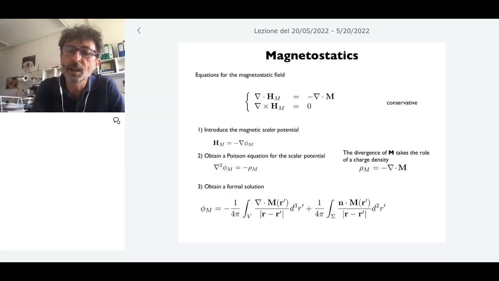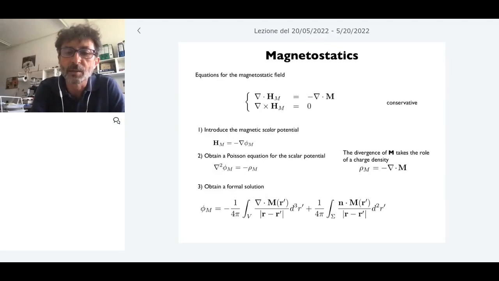We take this magnetic scalar potential, we put it into the first equation, and we find that we have a nabla squared of the scalar potential equal to minus a scalar. And this scalar is the divergence of the magnetization. In the corresponding Poisson equation, this looks like a charge. It's exactly the same kind of equation that you find when you solve for the electric field generated by the charges.